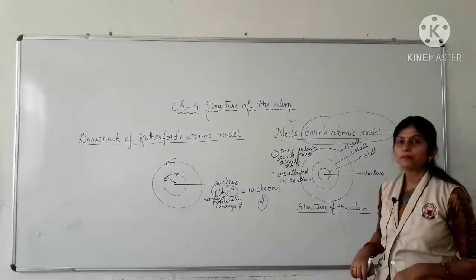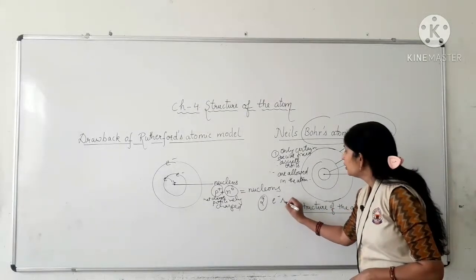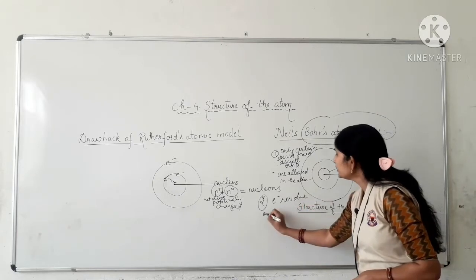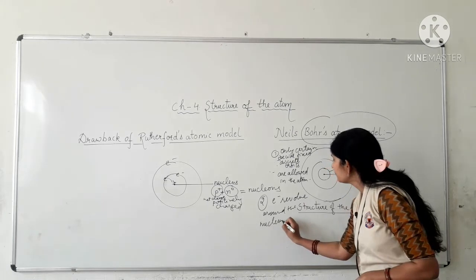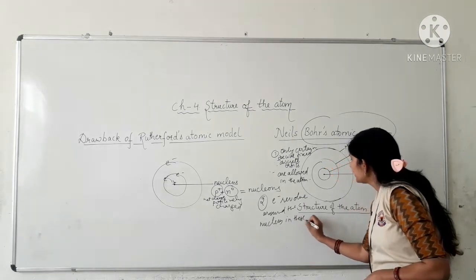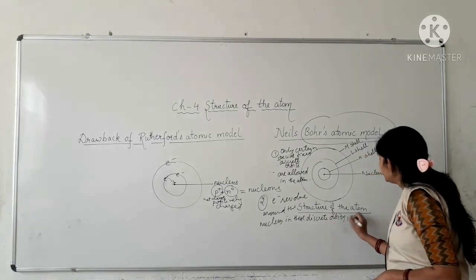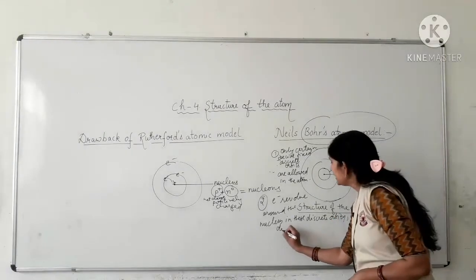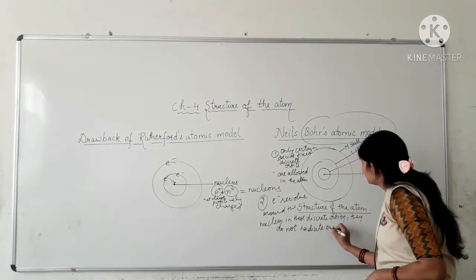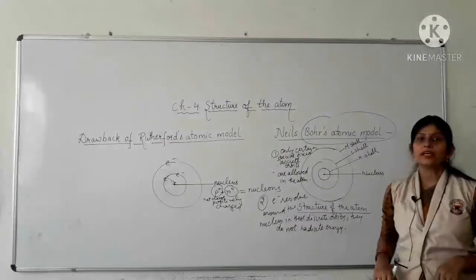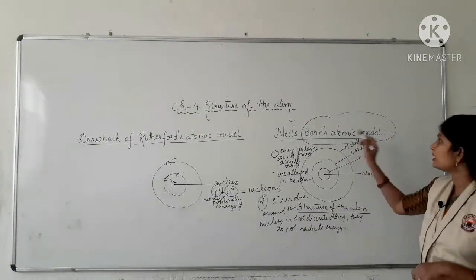Next point, when electrons revolve around the nucleus in these discrete orbits, they do not radiate energy. Okay, so these are the two main postulates of Bohr's atomic model.